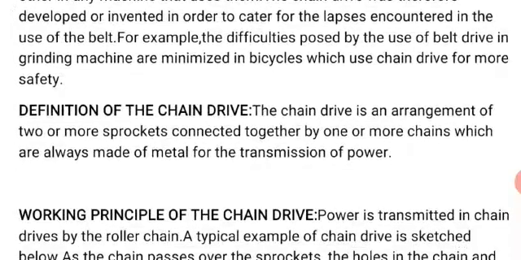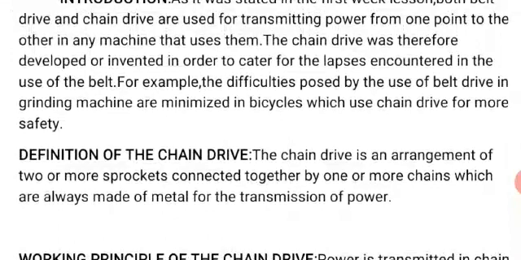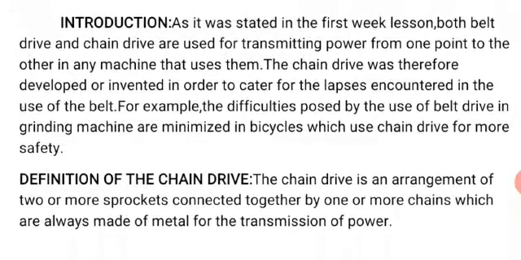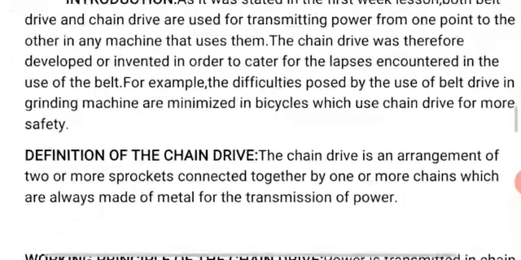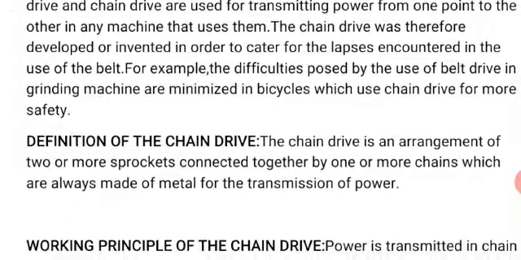What this is trying to explain to us is that the chain drive is safer than the belt drive, because in the belt drive the belt can suddenly cut, thereby causing an accident for the person that uses it.